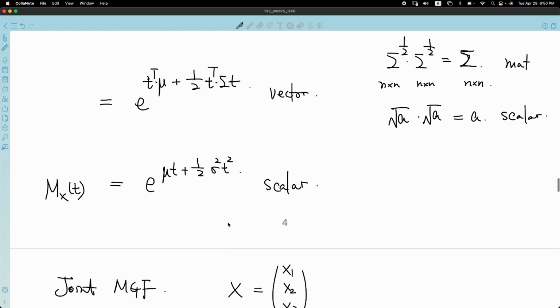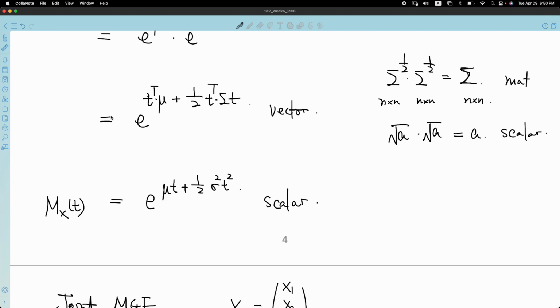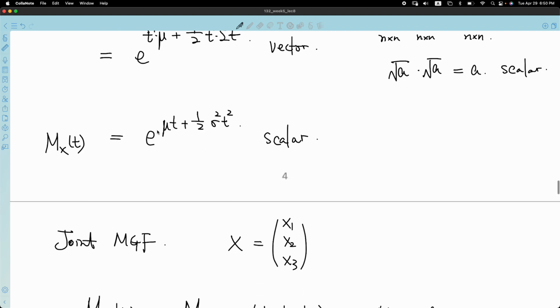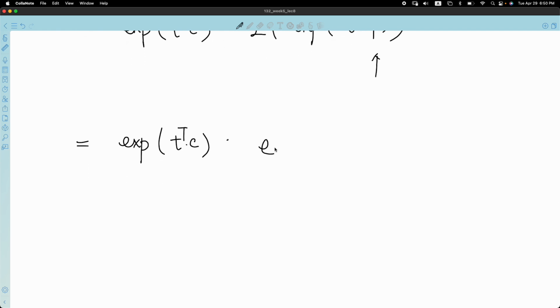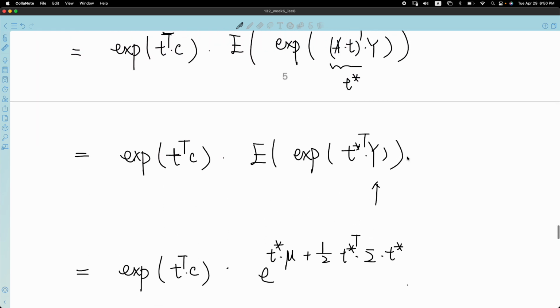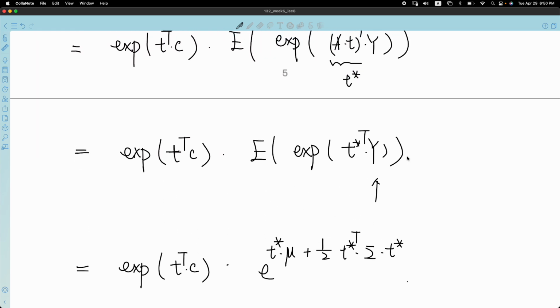The one that we derived earlier, I'm going to reuse it again, multiplied by the exponential of t star multiplied by mu plus 1/2 t star transpose sigma multiplied by t star. Any question up to this point? Any question regarding any of the details here?